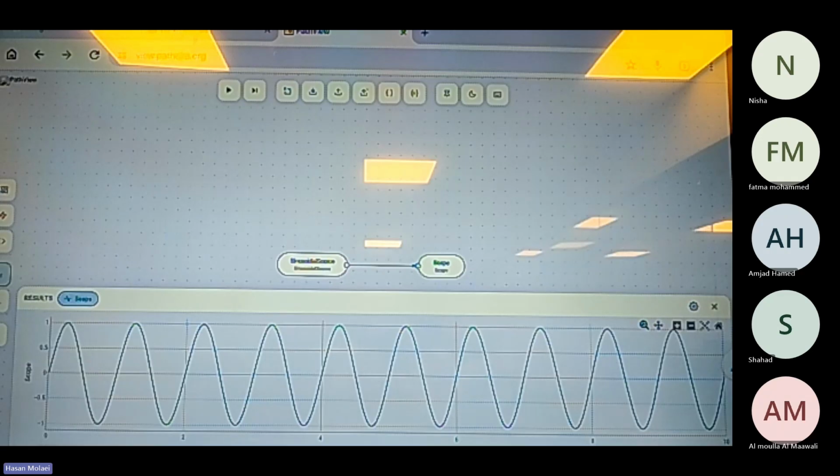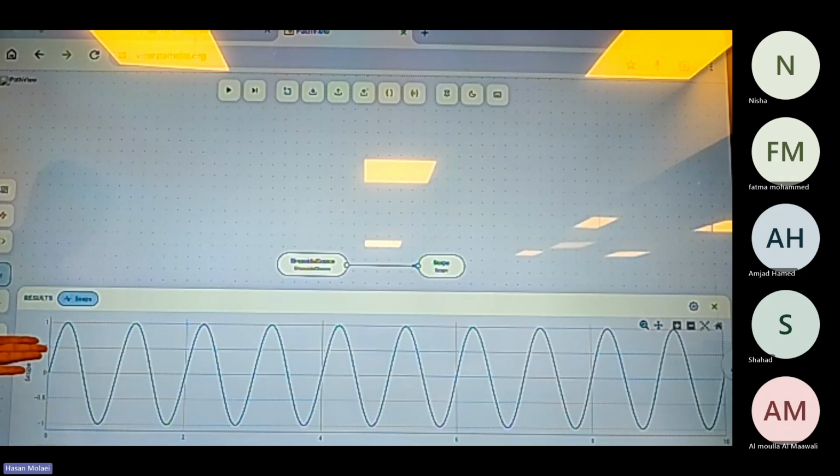How much is the amplitude of this signal? How much is its average? It's zero. Yeah. What is the definition of average? The area under the waveform. This area is exactly the same as this area.